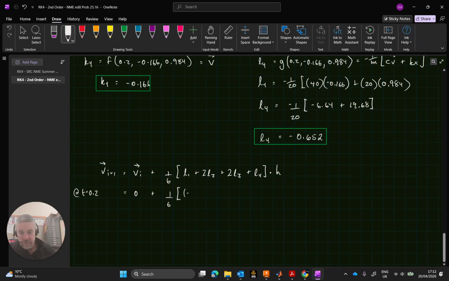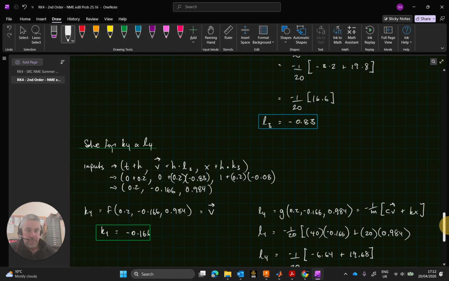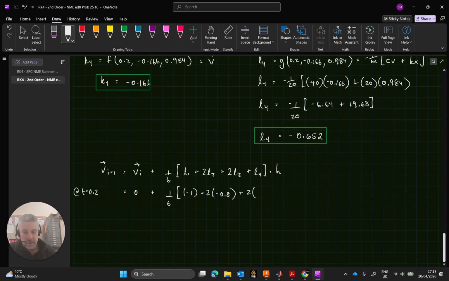I have minus 1 plus 2 times minus 0.8 plus 2 times L3, which is minus 0.83, plus an L4, which is minus 0.652, all multiplied by H, which is equal to 0.2.